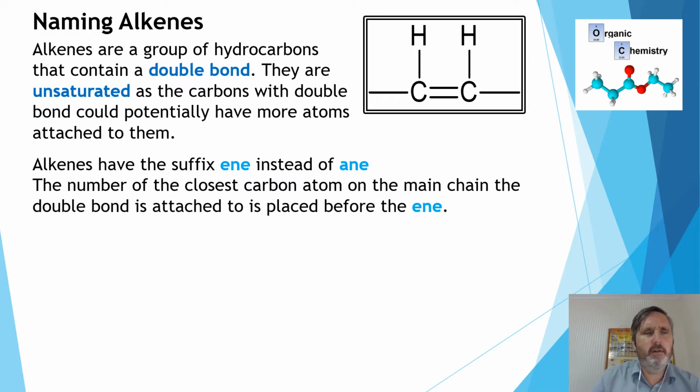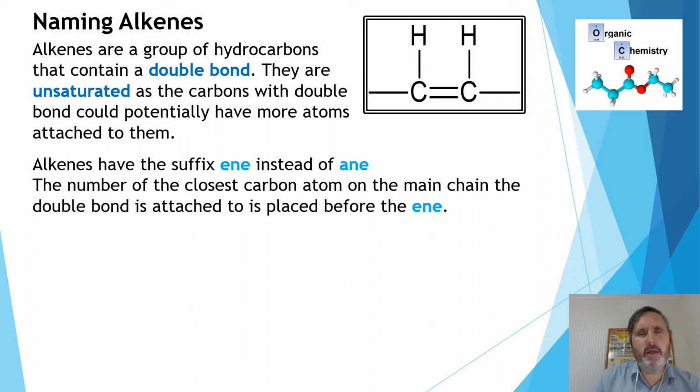Because of that, the molecule is commonly called unsaturated or classified as unsaturated. That is, more hydrogens could be added, so it isn't saturated with hydrogens yet. So this is called an unsaturated hydrocarbon, because it contains only carbons and hydrogen, but it has a double bond.